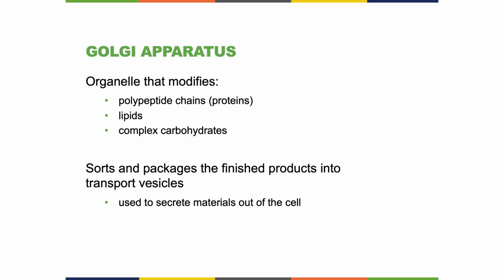And then the things that it needs to send either out into the cell or out of the cell are going to be packaged in membrane from the Golgi to form a transport vesicle. See, material very rarely just moves through the cytoplasm when it's not surrounded by membrane. And so it's a big job of the Golgi to package these materials for transport.